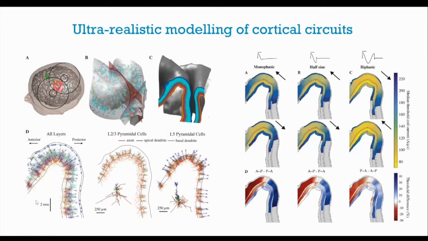These ultra-realistic models allow us to really ask questions about where specific types of stimulation, in this case TMS, is actually targeting. And on the right-hand side, without going into much detail, you can immediately see that the local morphology, so the gyral folding, has a profound effect on the type of stimulation that occurs and the threshold needed to effectively target neurons in the different layers that were modeled here.